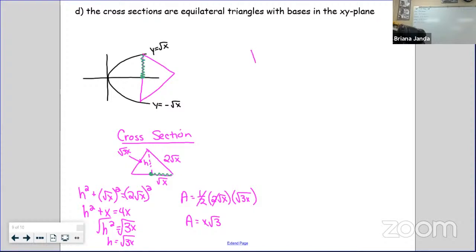Now we can go to our volume because we know the area of our cross section. And again, it's the same problem we've been doing. So we're still integrating along our x-axis from 0 to 4. This time with these equilateral triangles that have an area of x square root of 3 dx.